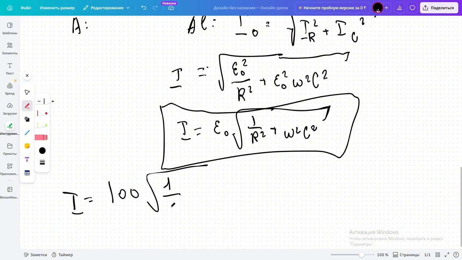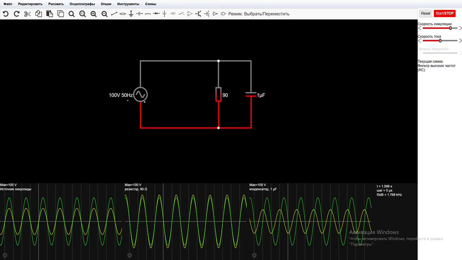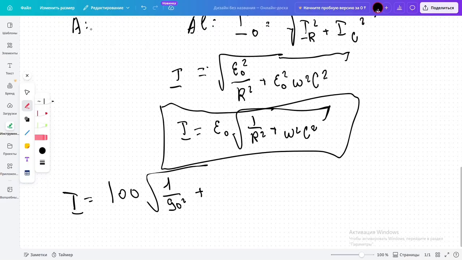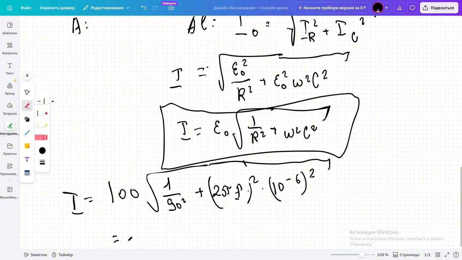And we have the resistor, which is 90 ohms, 90 squared, plus for omega we have the frequency, and we already know the formula for omega, 2 pi frequency, multiplied by the capacitor, which is 10 to the minus 6, also squared. And for frequency we use 50 hertz.